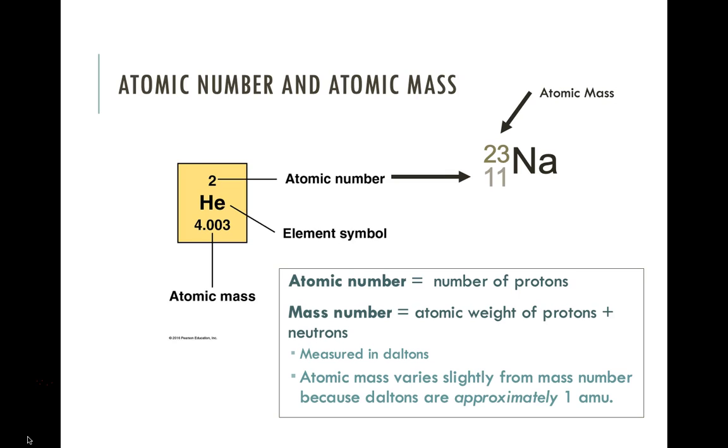Based on an approximate atomic mass on the top, we can determine that there are 12 neutrons. So remember, the atomic mass is just the weight of the protons plus the neutrons. So we have 11 protons, which means we have 12 neutrons for a total mass of 23.